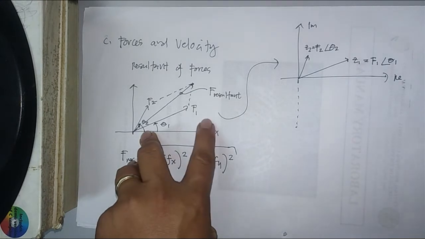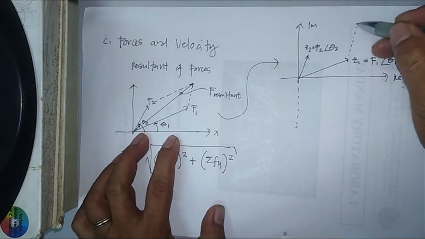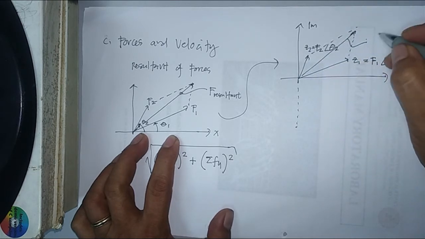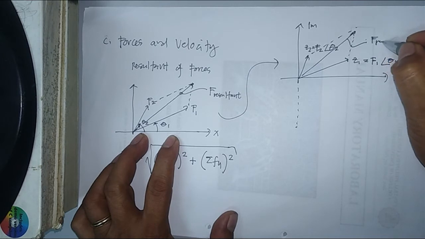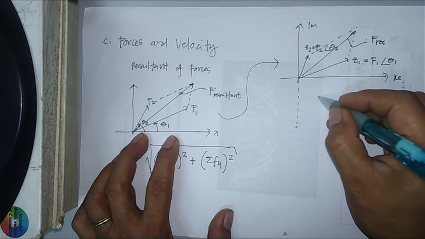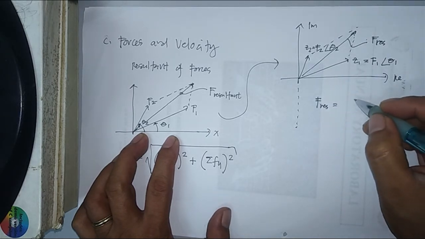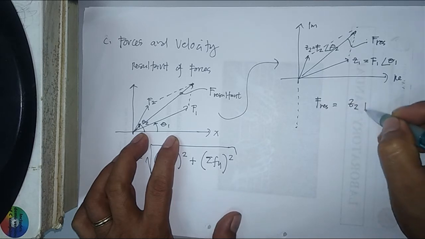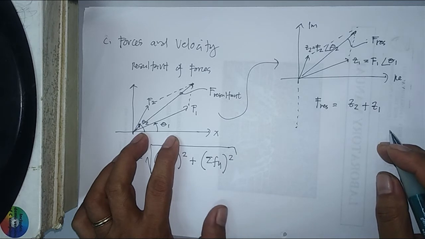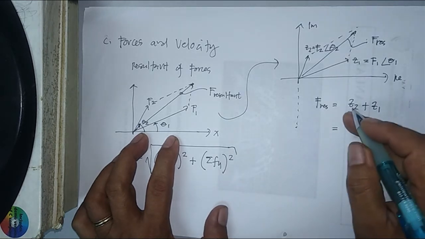Now, if you add the two complex numbers, it will result in the resultant force. So the resultant force is the sum of two complex numbers, that is Z2 plus Z1.